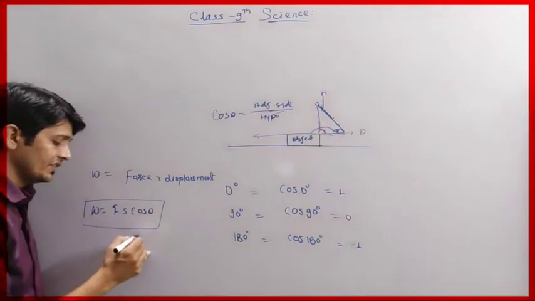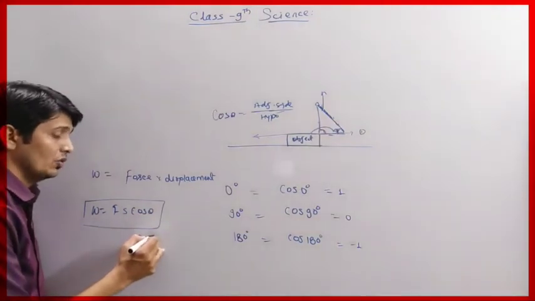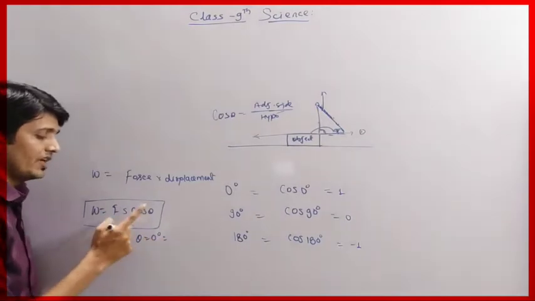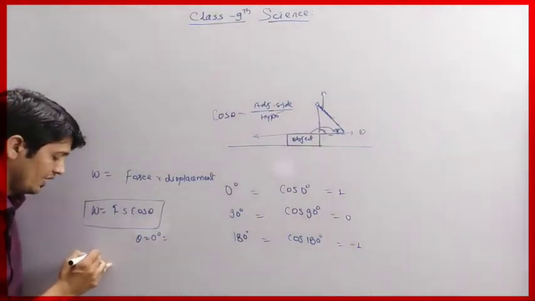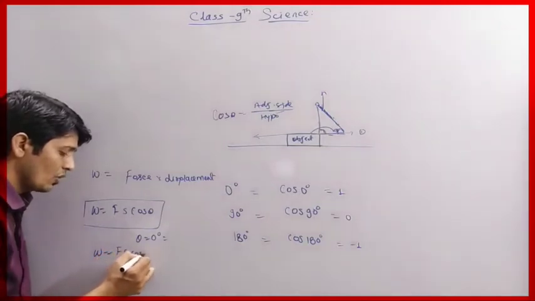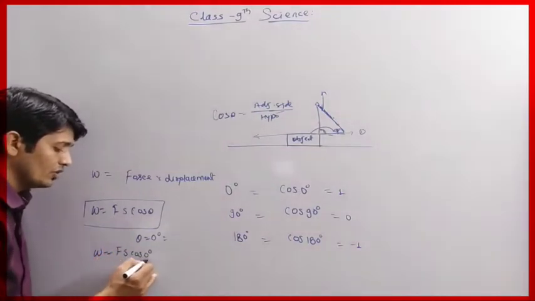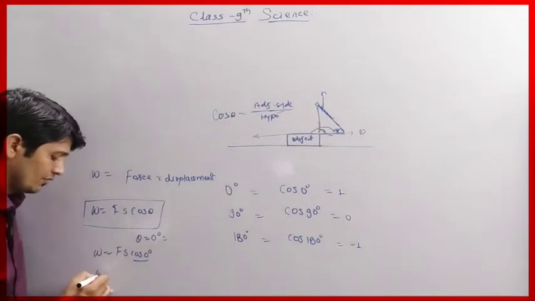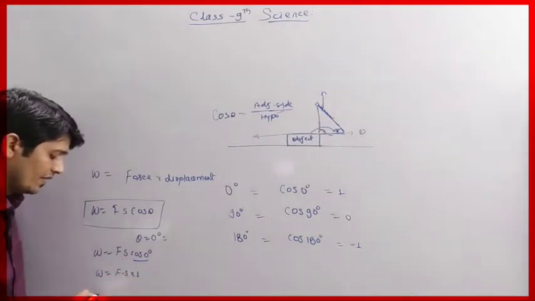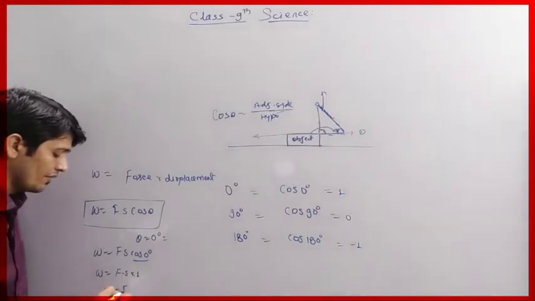If theta equals 0 degree, then cos theta is 1. So W equals F into S into cos 0 degree. Cos 0 degree means 1, therefore W equals F into S into 1, so W equals Fs.